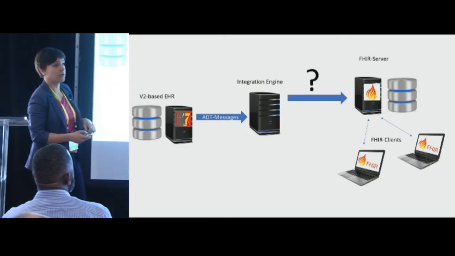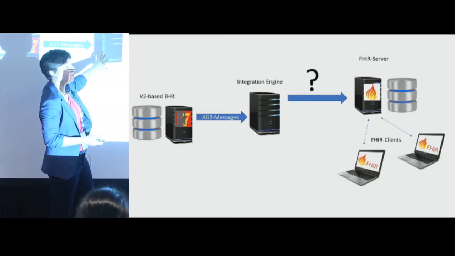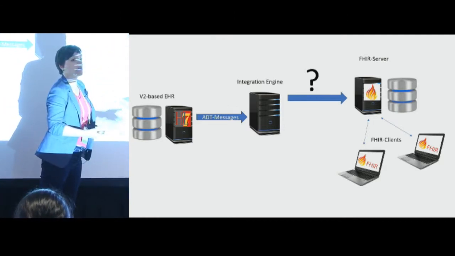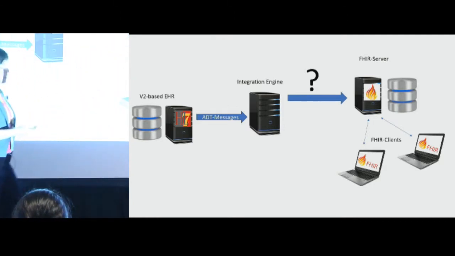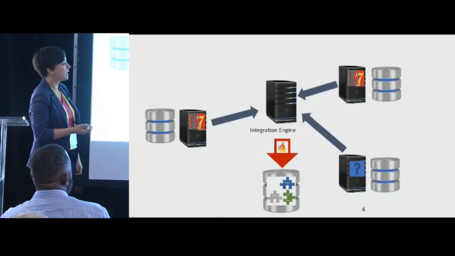So what we've been looking to find was this missing link between the integration engine that receives the V2 messages and the FHIR server that can provide this information to the FHIR-based apps or devices or whatever we have over there.